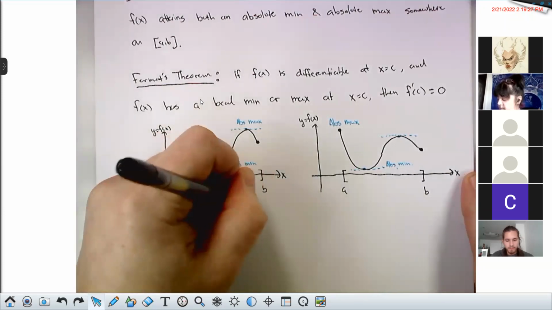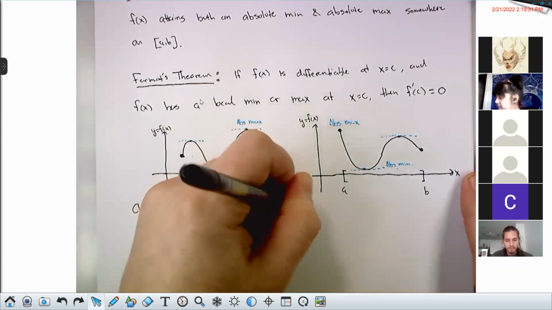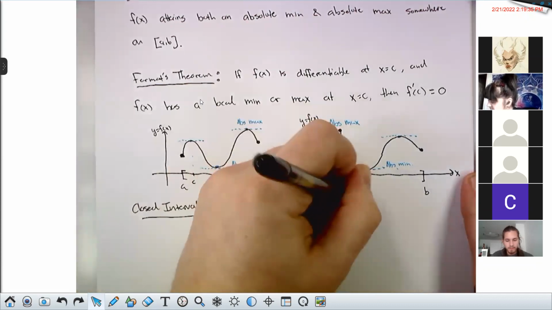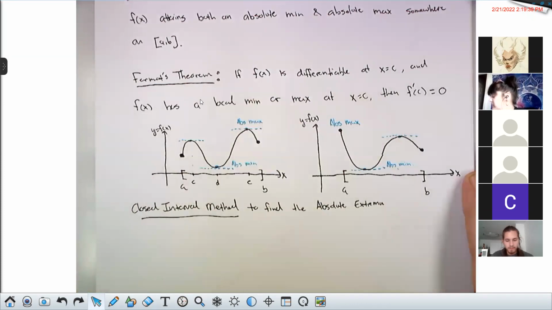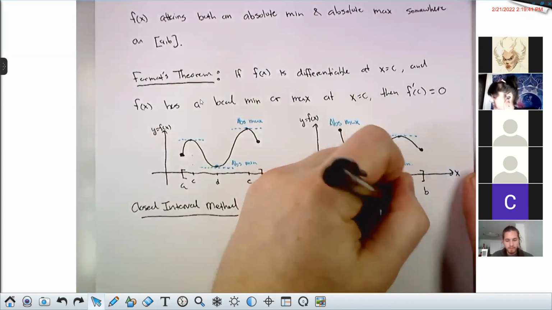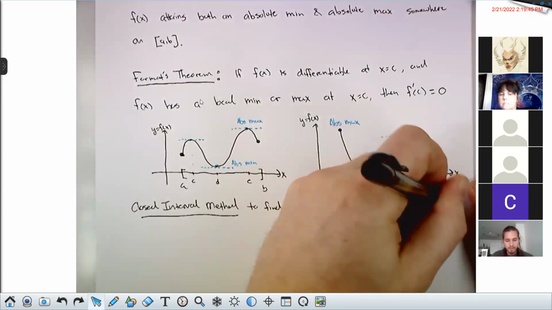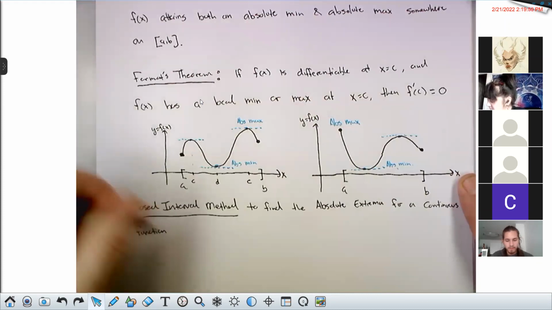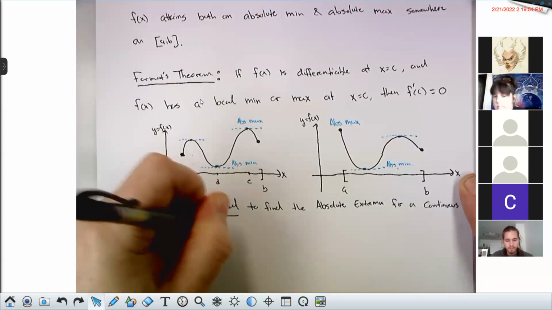It says to find the absolute extrema, which is just the name for mins and maxes together, for a continuous function f on the closed interval [a, b].